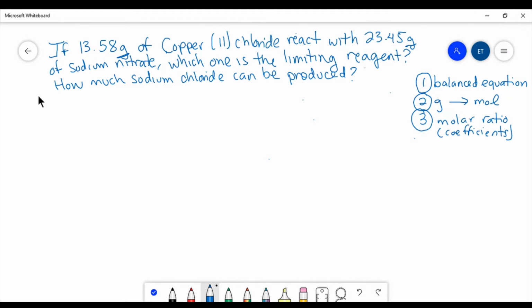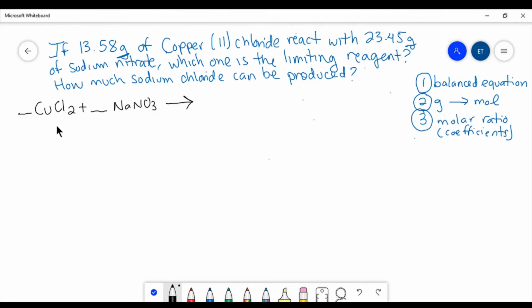Okay, first of all, I'm going to write my equation up here. Copper II chloride reacts with sodium nitrate.